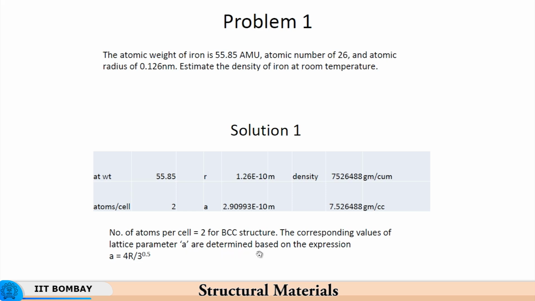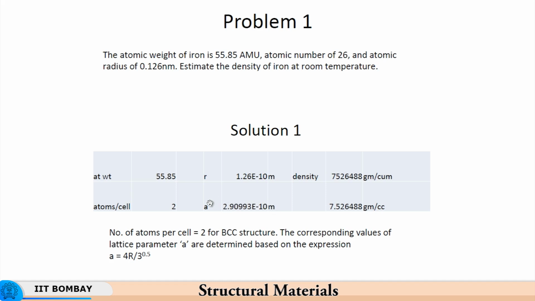and the corresponding value of lattice parameter A can be determined based on the expression A equal to 4R by root 3. So we know that the radius of the atom is 0.126 nanometers. So the corresponding value of A will be 4 into 0.126 nanometers upon root 3, and that turns out to be 2.90993 into 10 to the power minus 10 meters.